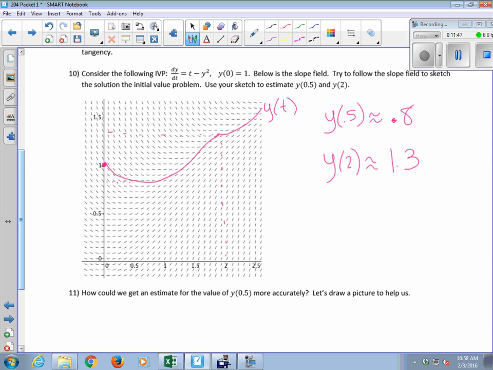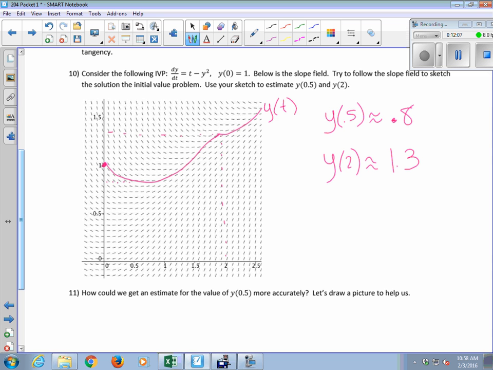So that's all pretty wishy-washy, right? It's all qualitative. And so I can get an idea of the shape of my graph, but the 0.8 and the 1.3, not very rigorous, right? So I want to estimate y of 0.5 in a better way.